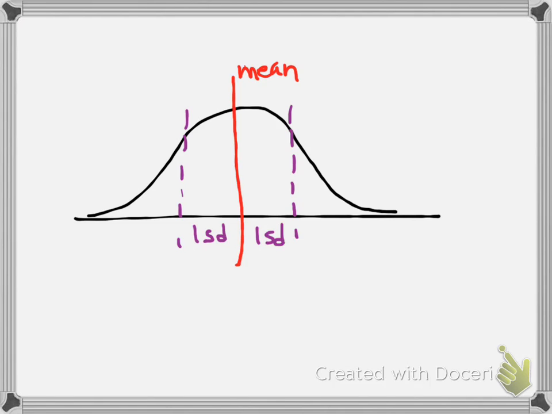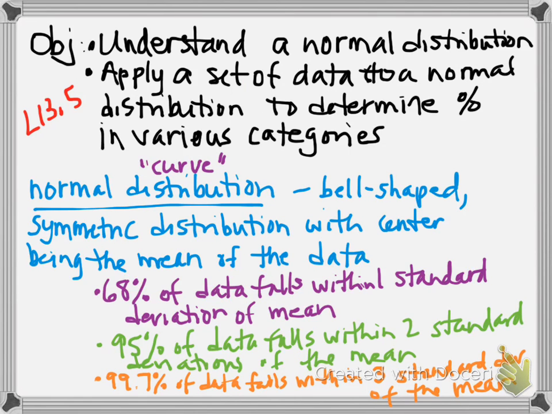So 1 standard deviation to the right of the mean, 1 standard deviation to the left of the mean. According to our information, that should be 34% each, which gives us the total we wrote on the other page of being 68%. Okay? Green.